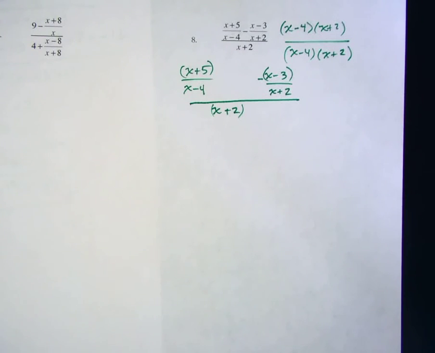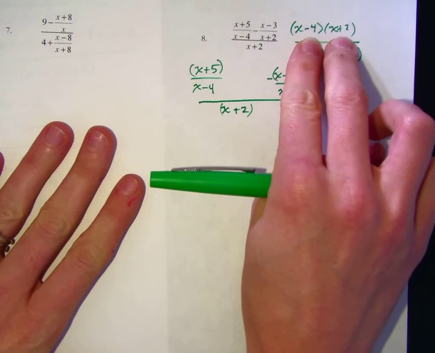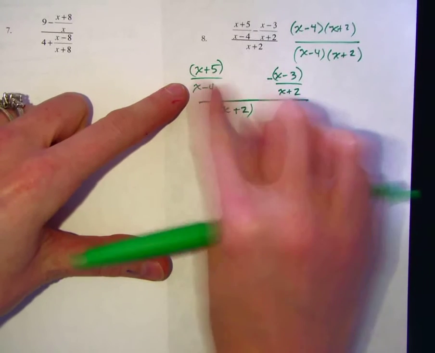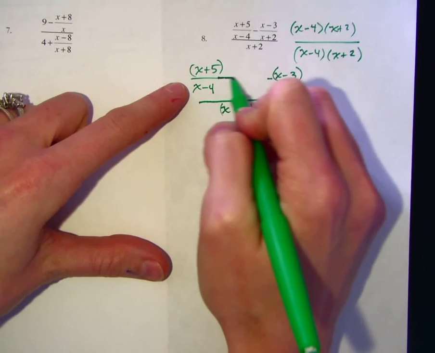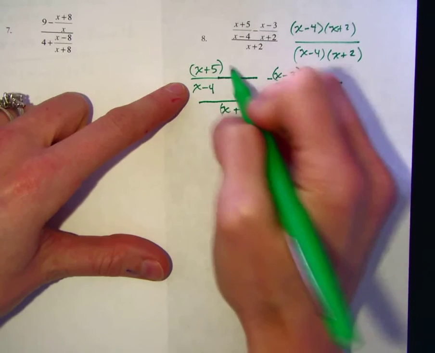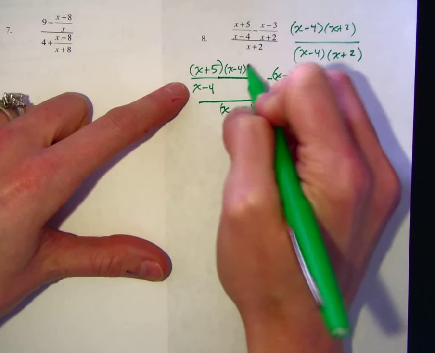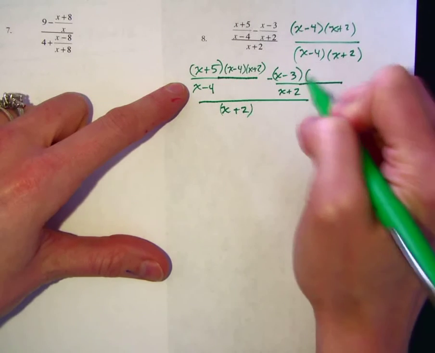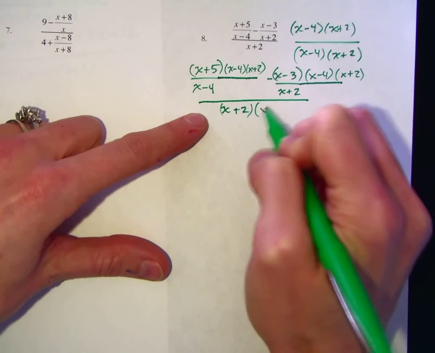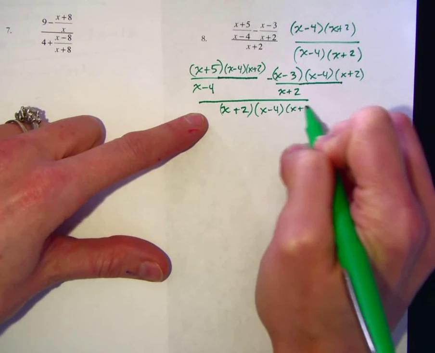And I'm multiplying every single one of these by x minus 4 times x plus 2. Now remember, if you have a fraction, you're really multiplying the top. So I'm just going to extend the divisor here. We have x minus 4, x plus 2, x minus 4, x plus 2, x minus 4, x plus 2.